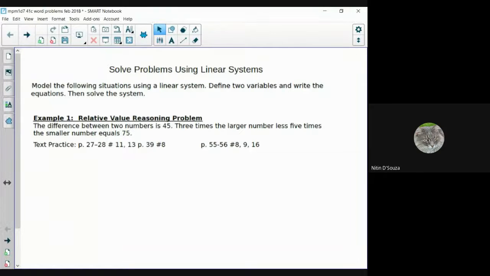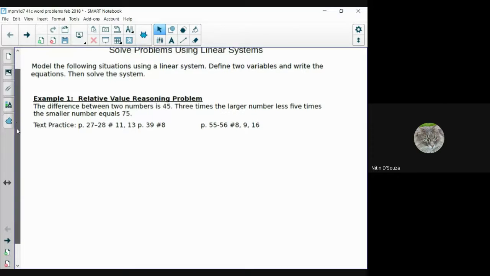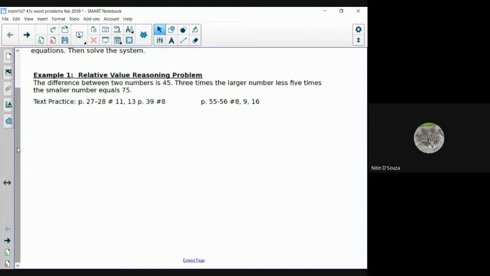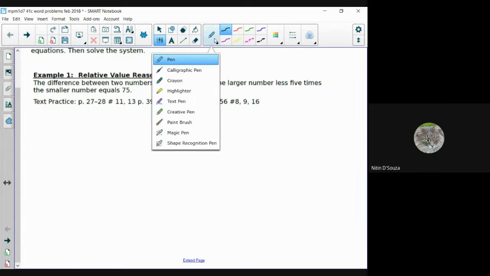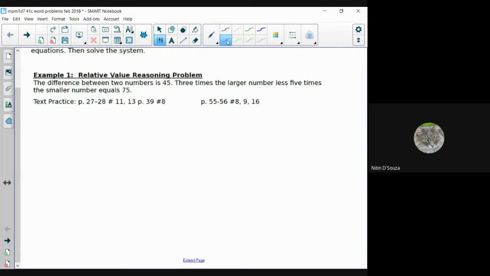All right, so the first one is relative value reasoning. So we've got two numbers, a larger number and a smaller number.